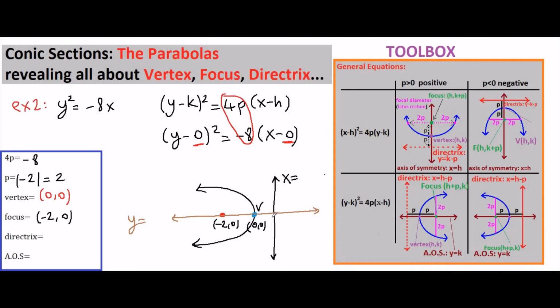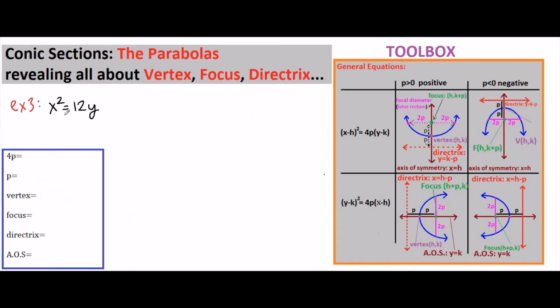Our directrix is 2 units to the right. So it's going to be 2, 0. And the x coordinate of this point is 2. And our axis of symmetry is a horizontal line, so it's going to be y equals the y coordinate of the focus.